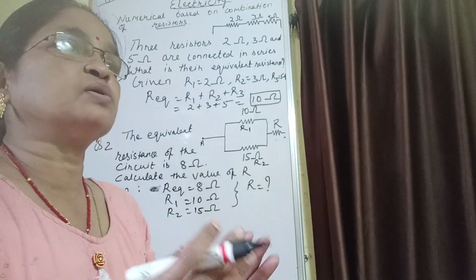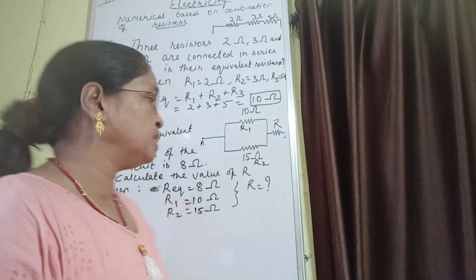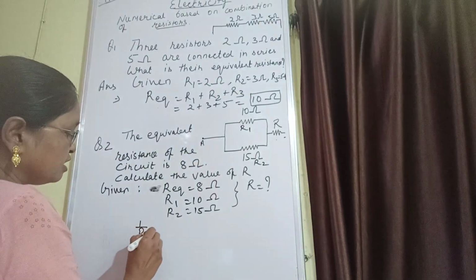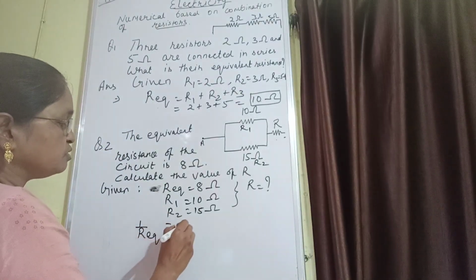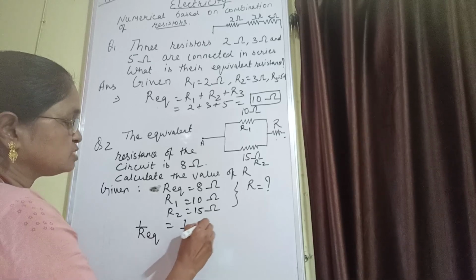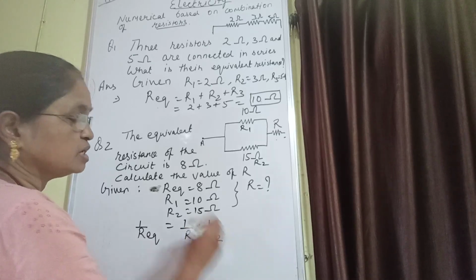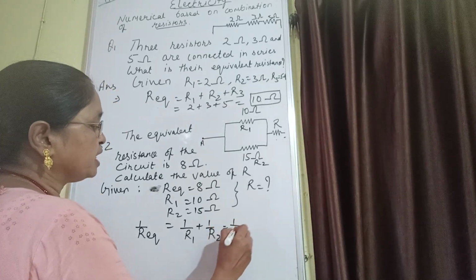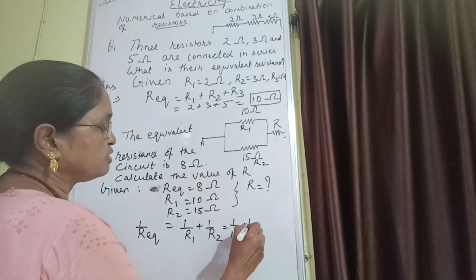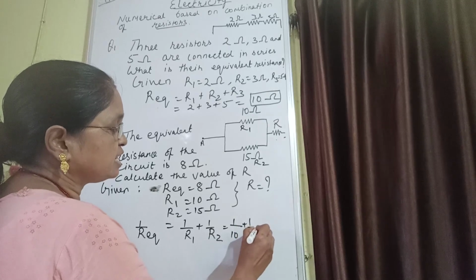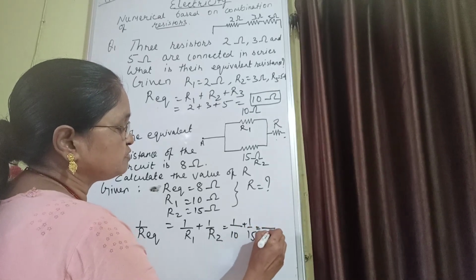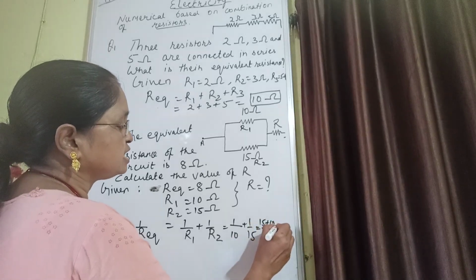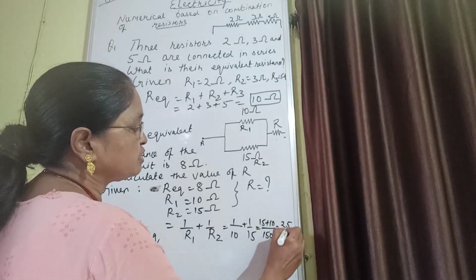And for parallel combination, you know the formula, that is 1 by R equivalent is equal to 1 by R1 plus 1 by R2. And we will get this one as 1 by 10 plus 1 by 15. Take the LCM, that is 150, and this one is 15 plus 10, that is 25 by 150.